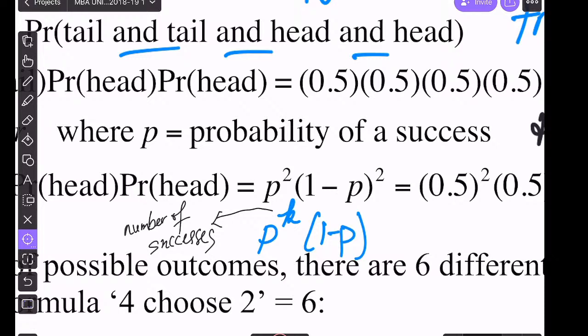Not P. No. Okay, you guys are close. That's very messy. I'll just call it failures.